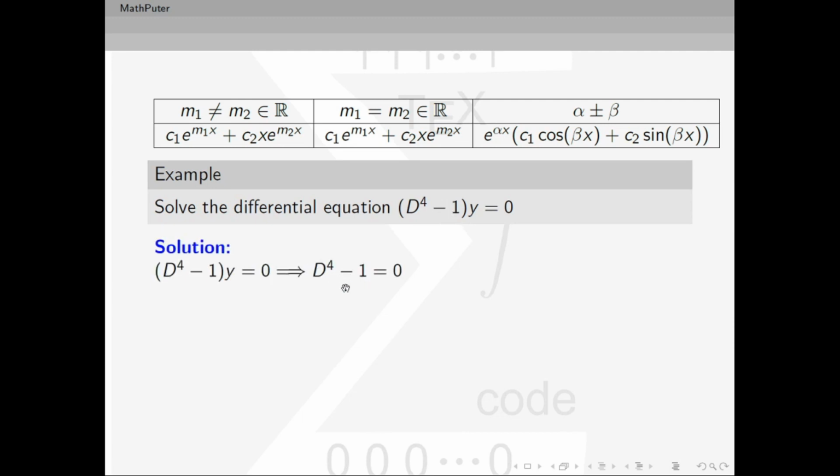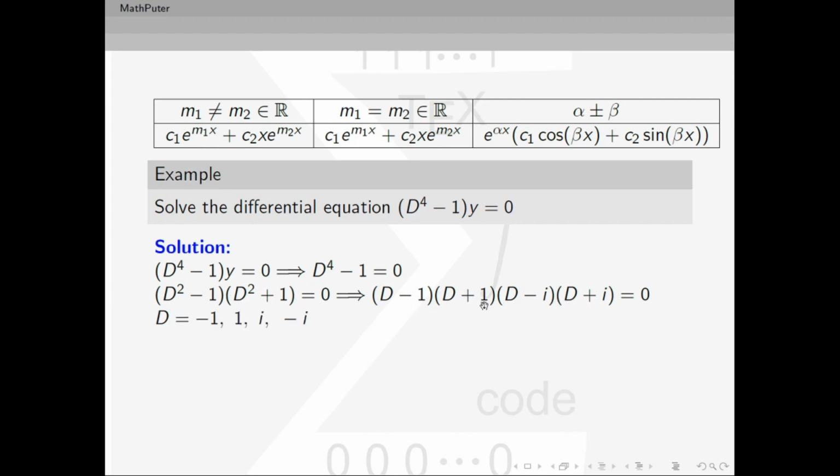How do you factorize this thing? This is (D square) whole square minus 1. So this is (D square minus 1)(D square plus 1). This has the factors D minus 1, D plus 1, and this has factors D minus i, D plus i. So we have four values, 1, minus 1, i and minus i.